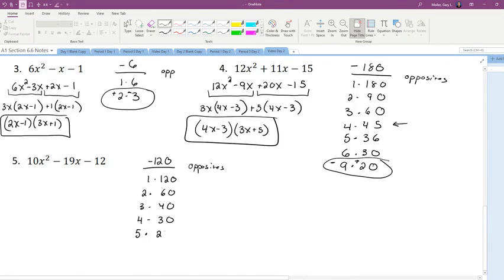Carry the 2, 24. And let's keep in mind we're trying to get a 19, and these are 19 apart. Negative 24 and positive 5 because I need it to be a negative 19.